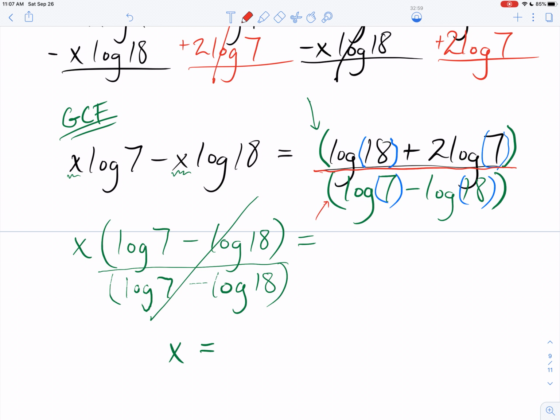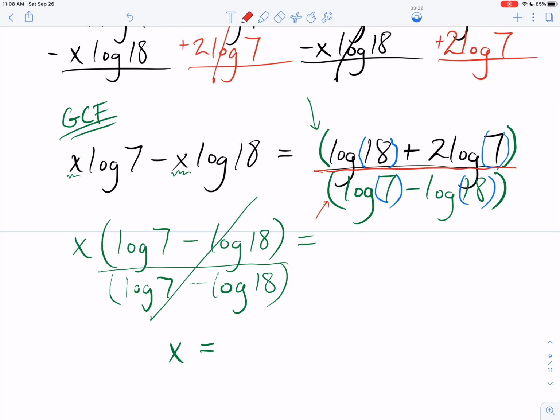Remember, don't forget, you've got to put parentheses. And then log 7, close that parenthesis, minus log 18, close that parenthesis, close that parenthesis. You have to have everything locked up. And if you do it correctly, you will get the correct answer.